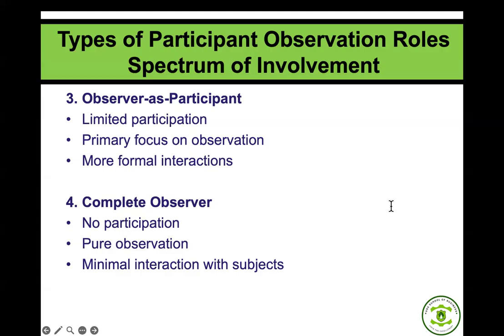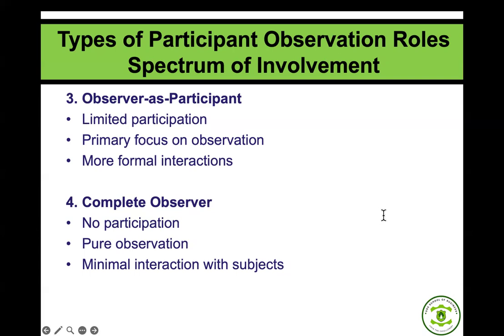Then there's the last one, the complete observer. As for the complete observer, he or she takes the most detached stance. Think of watching through a one-way mirror. When we are dealing with complete observers, they avoid any participation or interaction that could influence the setting.